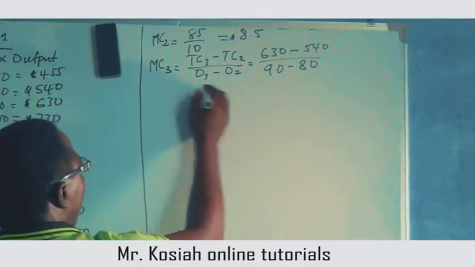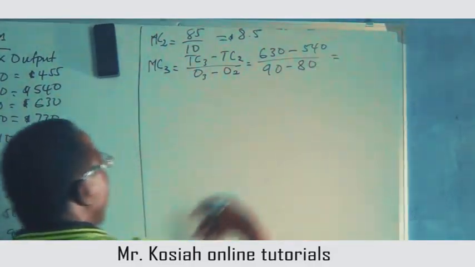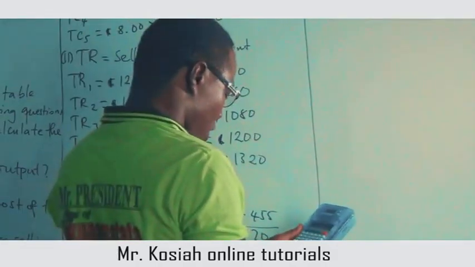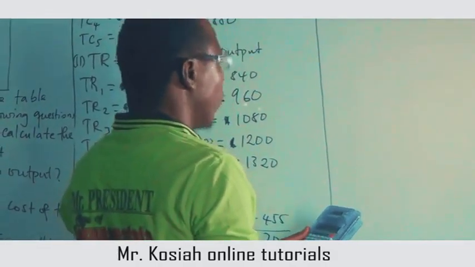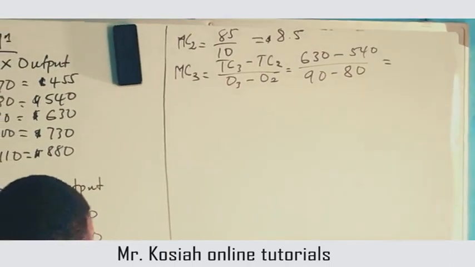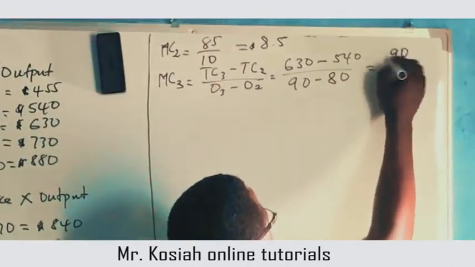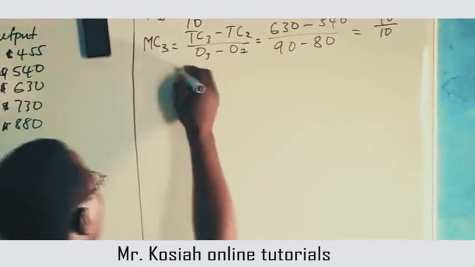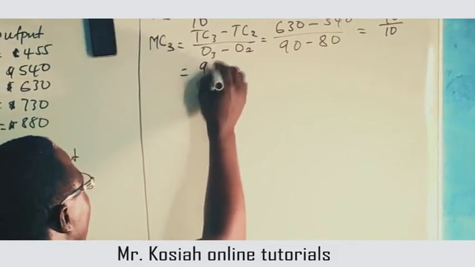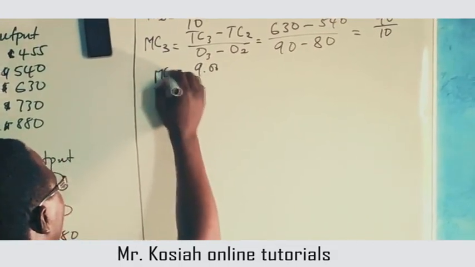And to not further embarrass us, we can say 630 minus 540, and this gave us 90 divided by 10. And finally this will be $9. This is the marginal cost at 3.